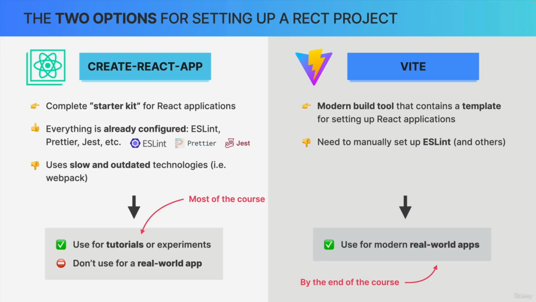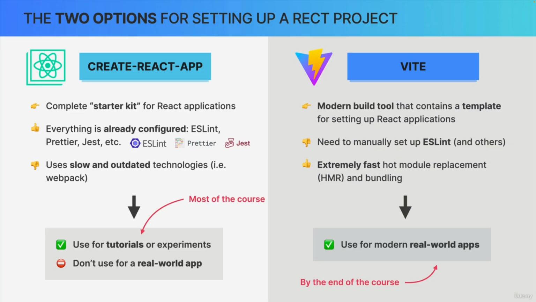Now, if we have all this additional work to set up our tools, then why even use Vite in the first place? Well, the reason is that it's just extremely fast to automatically refresh the page when the code changes, which is what we call hot module replacement.